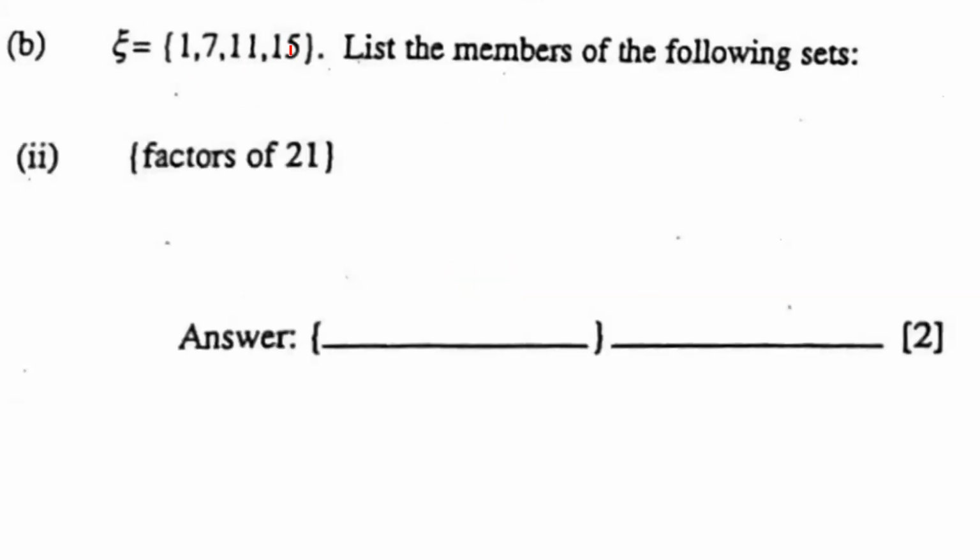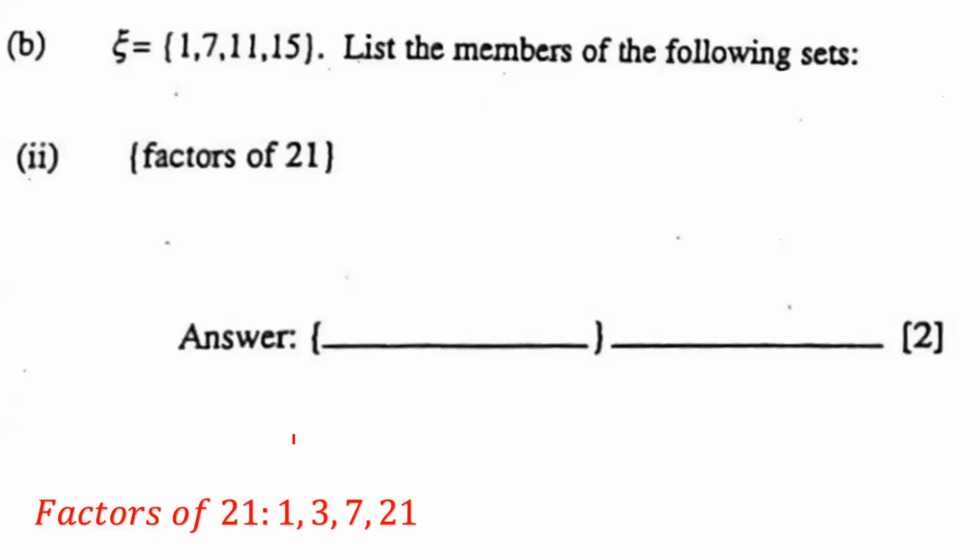Let's move on to question number BII. So here we have 1, 7, 11, and 15. And they want us to list the members of the following sets that are factors of 21. Let's list the factors of 21. What are the factors of 21?